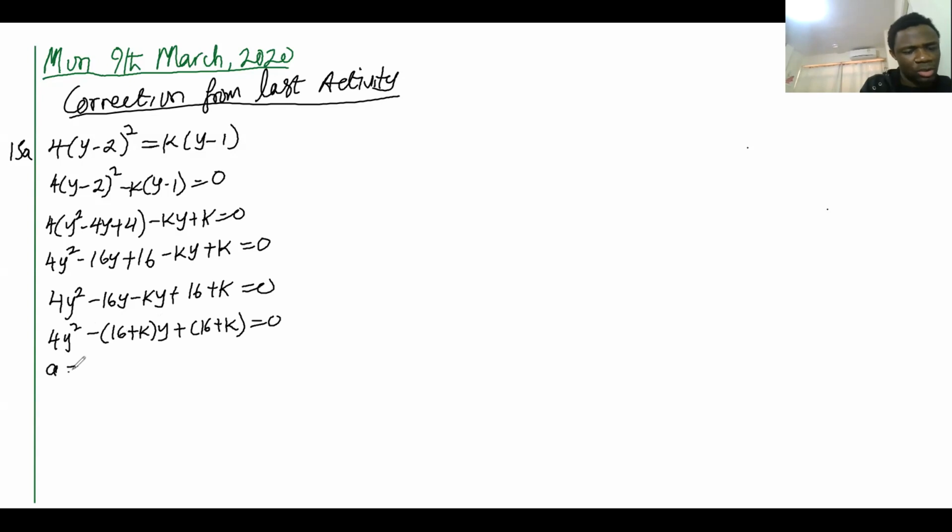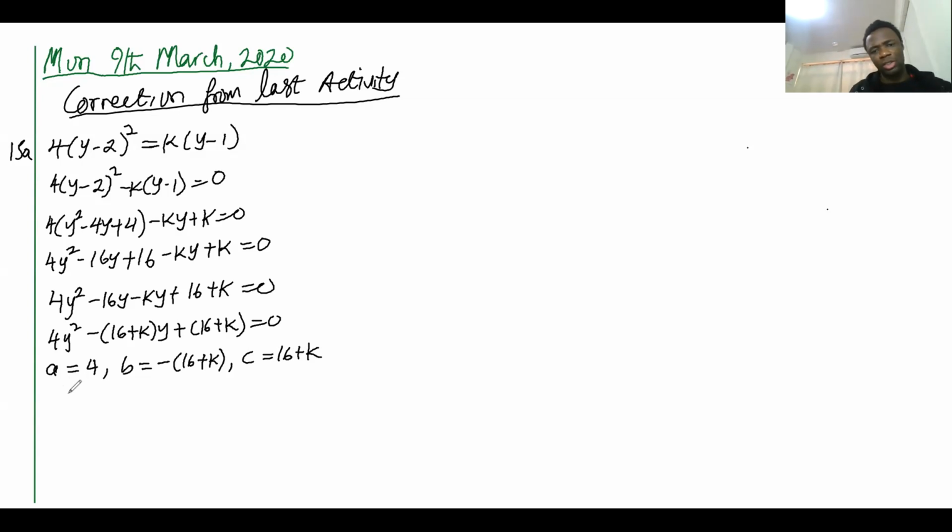A is what? 4. B is negative 16 minus k. Just copy what you see first. And c is 16 plus k. Is there an alpha plus beta anything like that in this question?